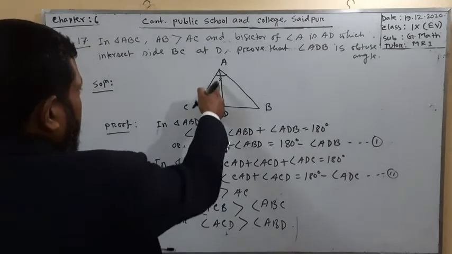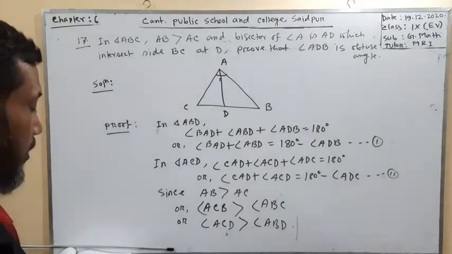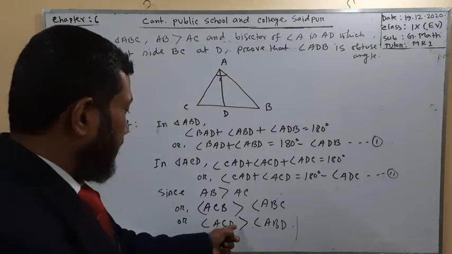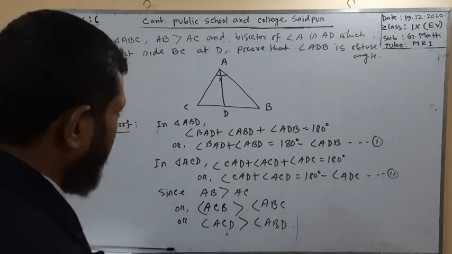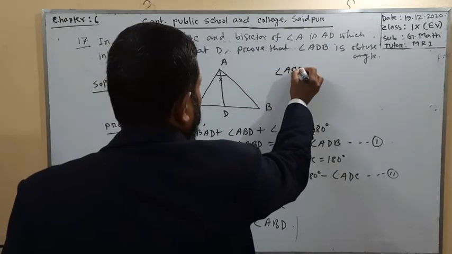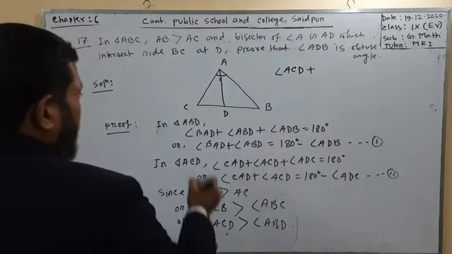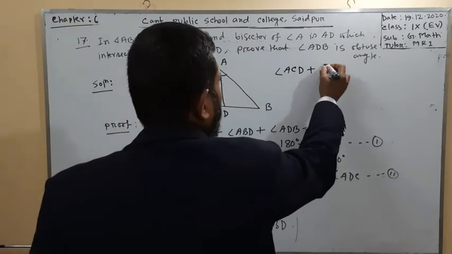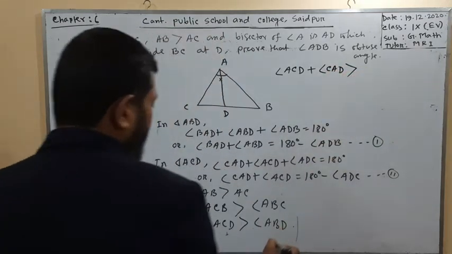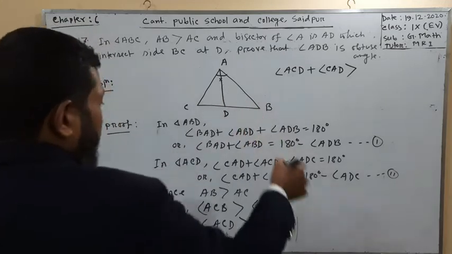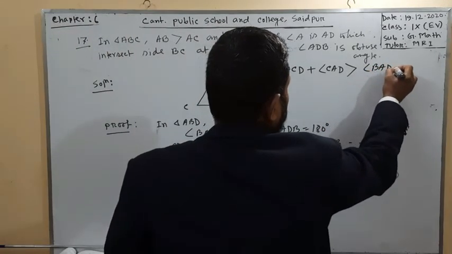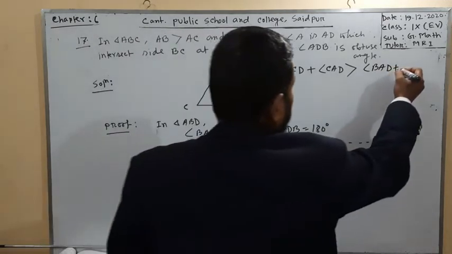So with these equal angles, if we add both sides of angle ACD is greater than ABD, then we get angle CAD plus ACD is greater than BAD plus ABD.